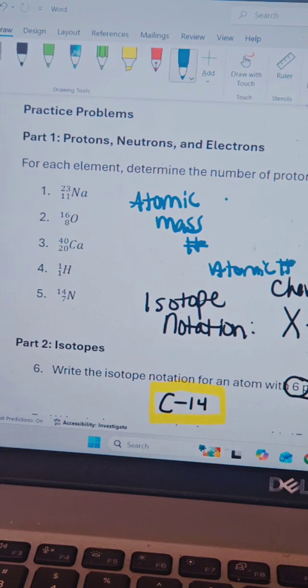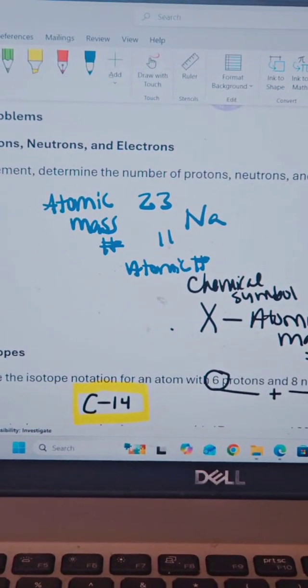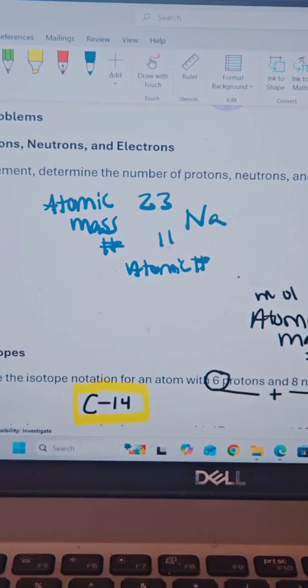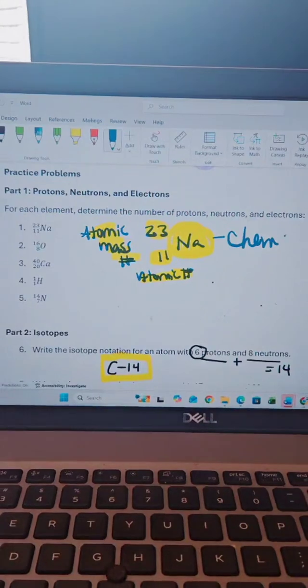So if I were to give you sodium-23 with atomic number 11 like this, you would end up with the mass number on the very top, the atomic number on the very bottom, and then this is the chemical symbol right here.